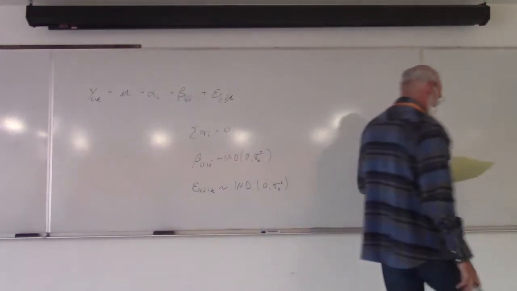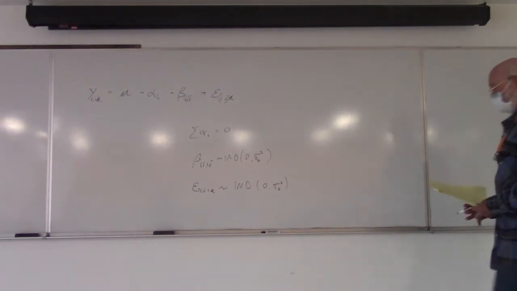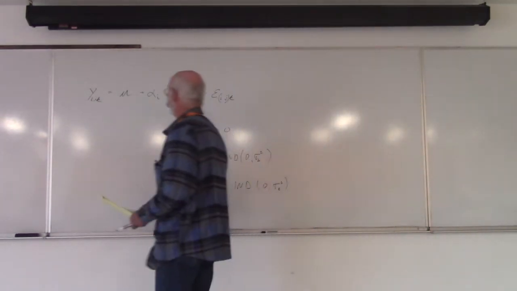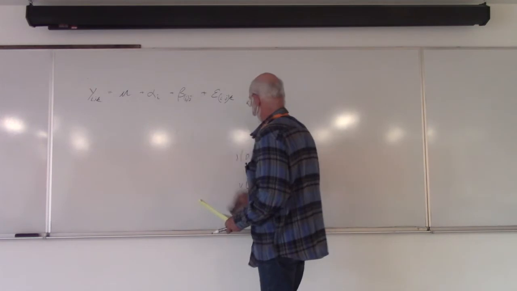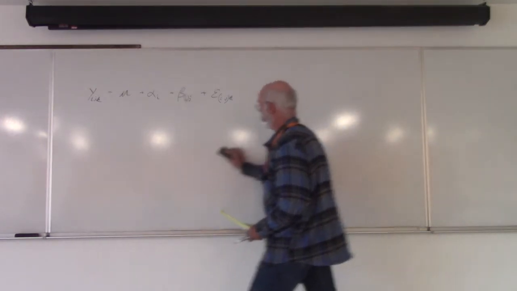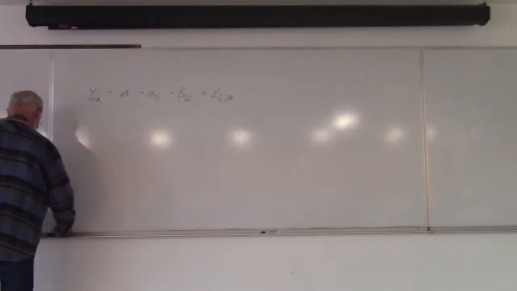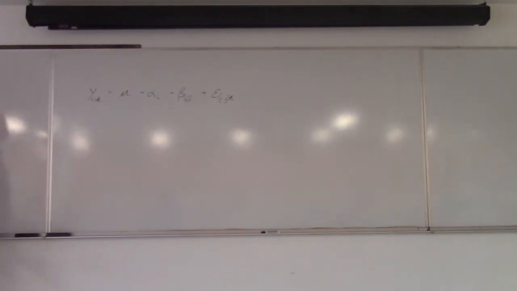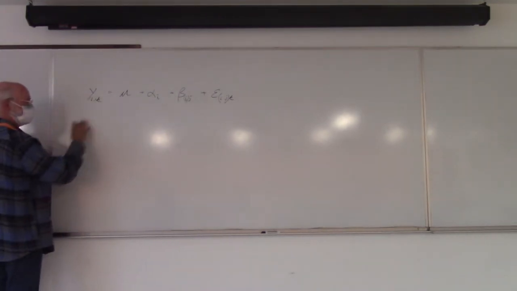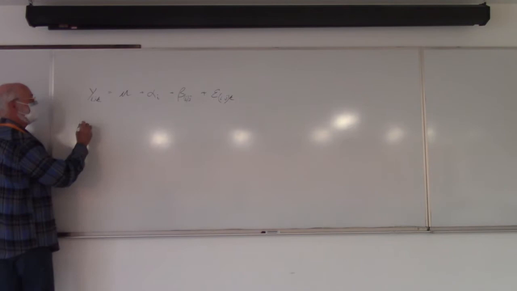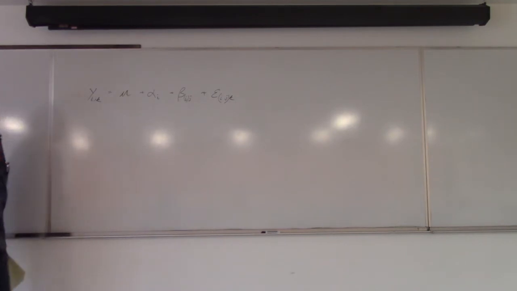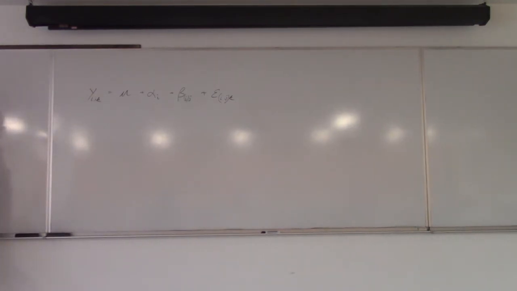All right, so now comes the hard part. What we want to do now is figure out what our sums of squares are going to be. So we're going to do this the way we always do it. We're going to subtract mu from both sides. And then I'm going to replace mu with my best estimate of mu. So this is now going to be the total variation.